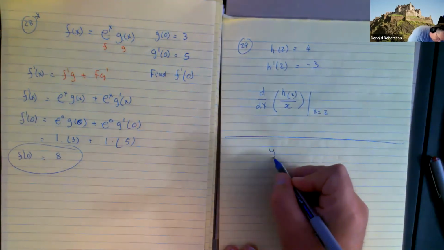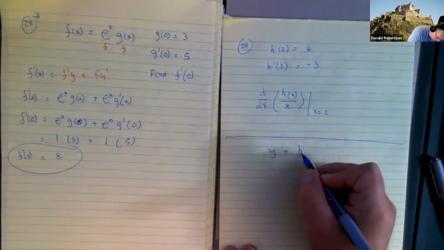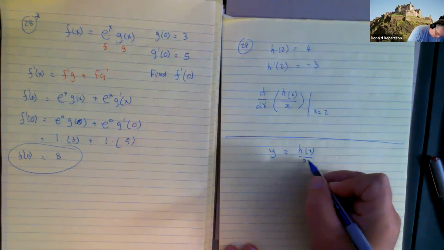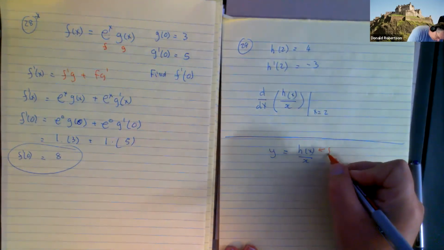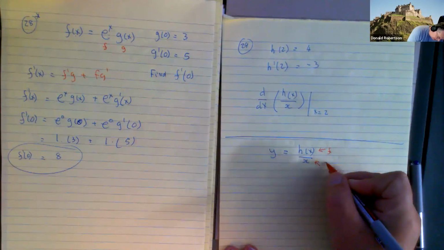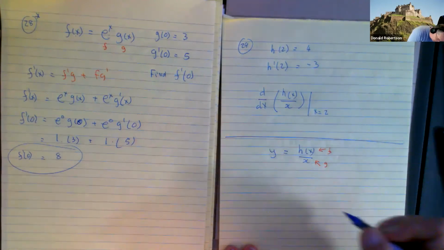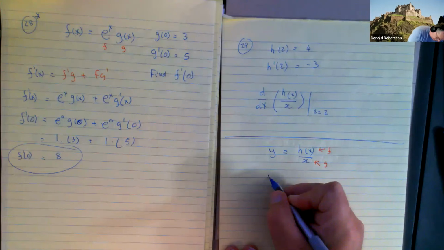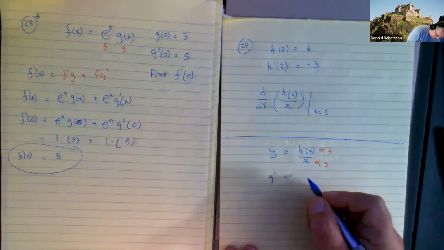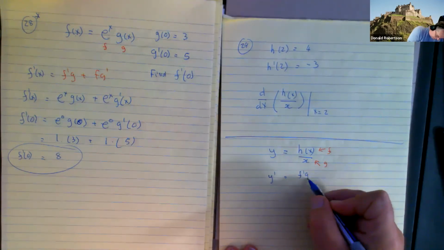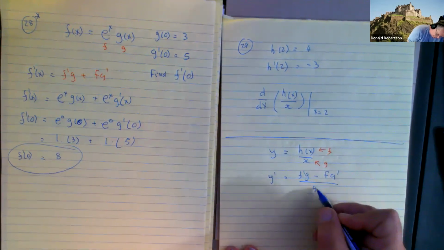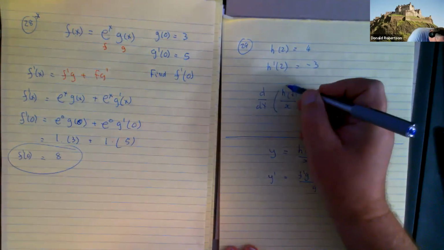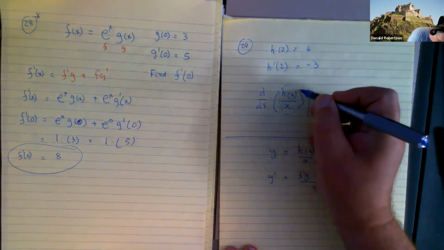So I'm going to start off by just calling this fraction y. That's going to be my top, that's going to be my bottom. And I'm going to find y dashed, and that's going to be f dash g, take away f g dashed, over g squared. So I'm going to focus on this thing here, and I'm calling it y.